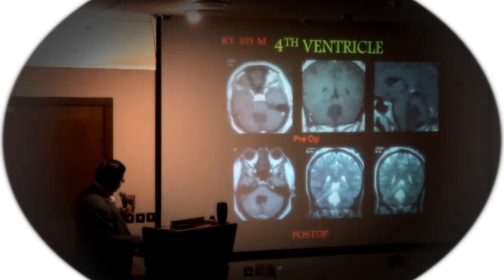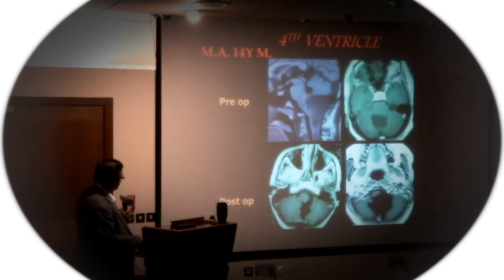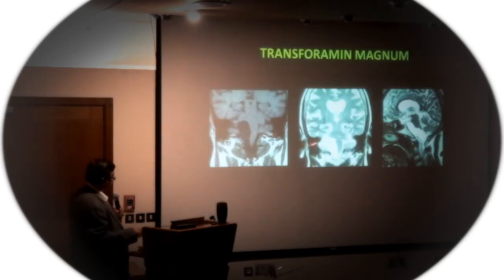It could be totally within the ventricle, inside the fourth ventricle. Tumor, start removing it, and then you see the midline raphe and the transverse raphe. It could be in the fourth, going through the foramen magnum. So this is transforaminal.